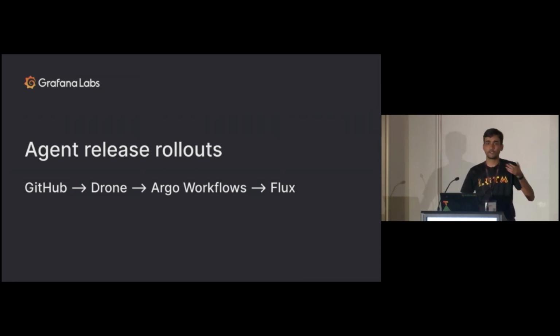So we used Argo workflows for that, and we added a step in between to query Prometheus. So we would release one location first. It would go and query Prometheus and see if the agent with that new version came up, query the metrics, and if it's healthy, it will proceed and deploy two more, and then it will wait for an approval.